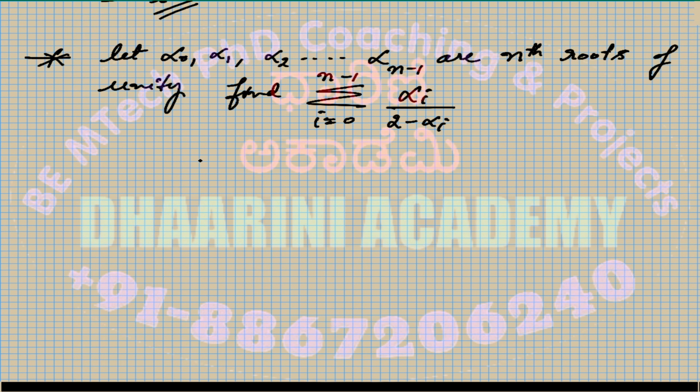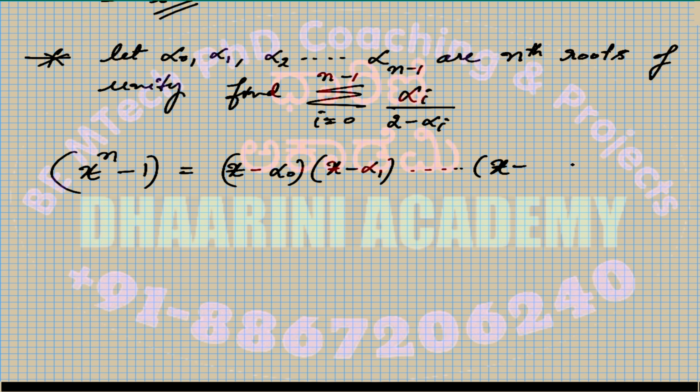So we'll start with the standard equation. We know that x to the n minus 1 is nothing but (x minus alpha naught), (x minus alpha 1), up to (x minus alpha n minus 1).